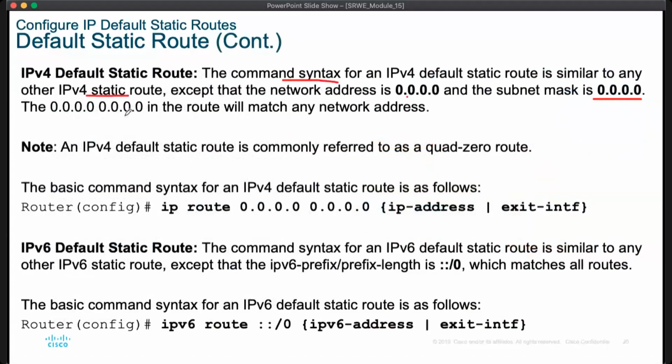So the 0s for both the network address and the subnet mask in the route will match any network addresses. This IPv4 static route command is commonly referred to as a quad-zero route. The basic command syntax for an IPv4 default route is as follows.